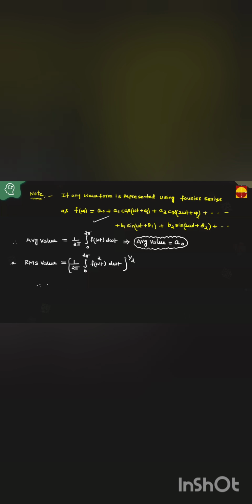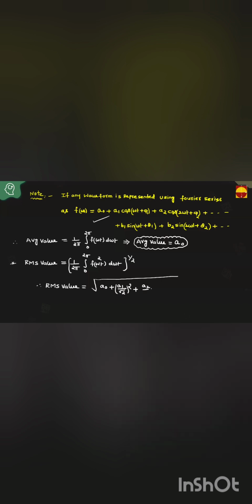For this type of function, this formula is directly applicable, whether a sine or cosine function is given: RMS equals square root of a naught square plus a1 by root 2 whole square plus a2 by root 2 whole square plus and so on, plus b1 by root 2 whole square plus b2 by root 2 whole square plus and so on.